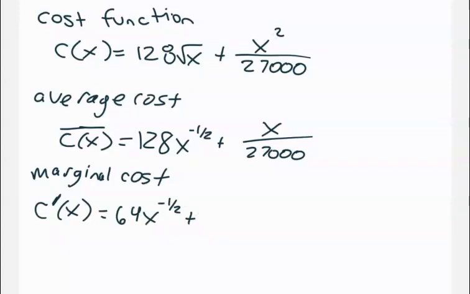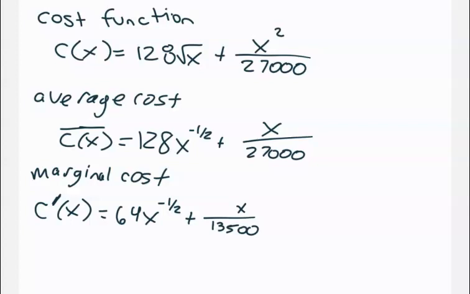And then we have 2x over 27,000. Right, the derivative of x squared is 2x. Although if you want to reduce that fraction further, that's 1 over 13,500. Right, they're both divisible by 2. So just taking the derivative of our original function.